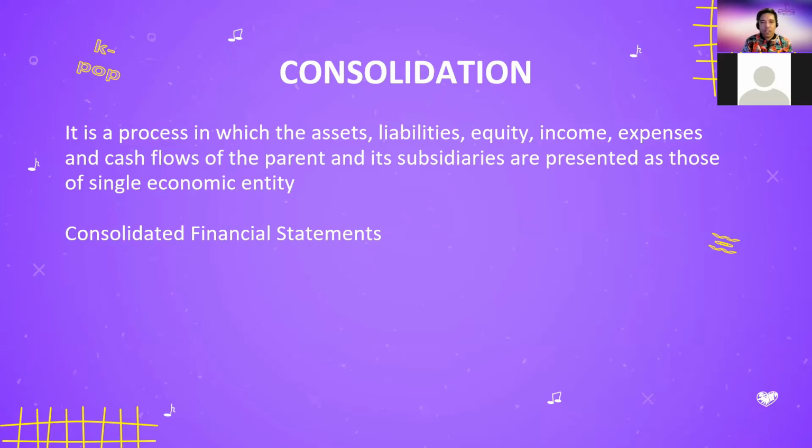In consolidated financial statements, we're combining the parent and all of its subsidiaries into one consolidated financial statements. Now, there are working paper entries, meaning there are entries that are not present in the parent's books and subsidiaries' books, but are required in order for us to complete the consolidated financial statements. Later on, we'll talk about that.